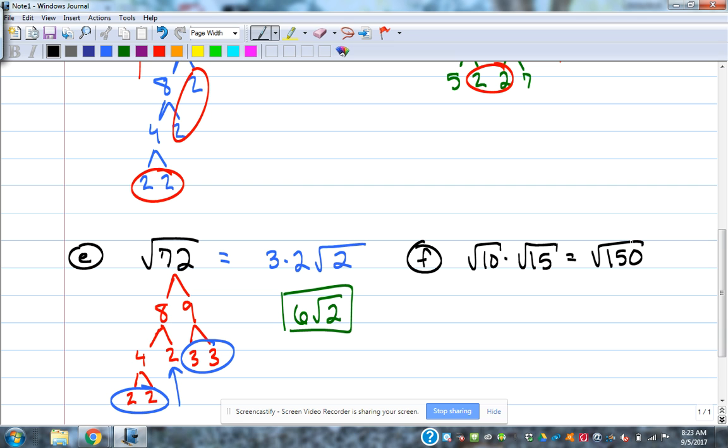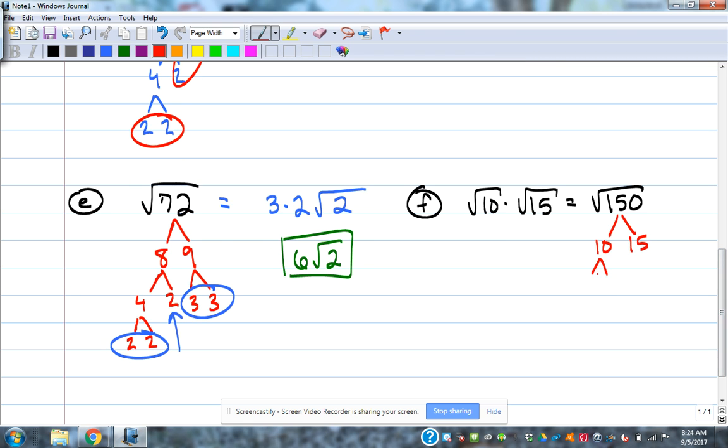But we're simplifying, so we want to try to break that down if we can. We know it's a square root of 150. I got that from 10 times 15. So I'm going to use that. I'm not going to have to think too hard here. 5 and 2, 5 and 3. And then there's a pair of 5s there.